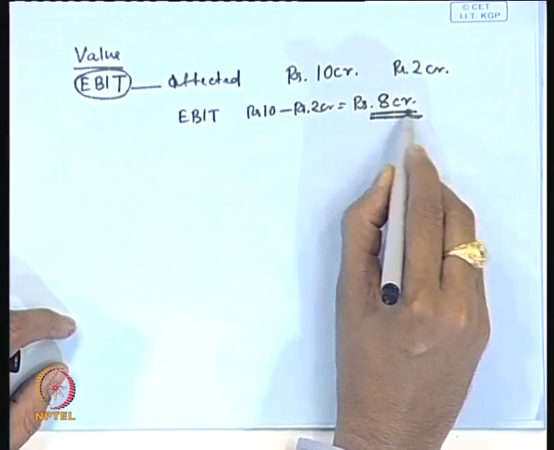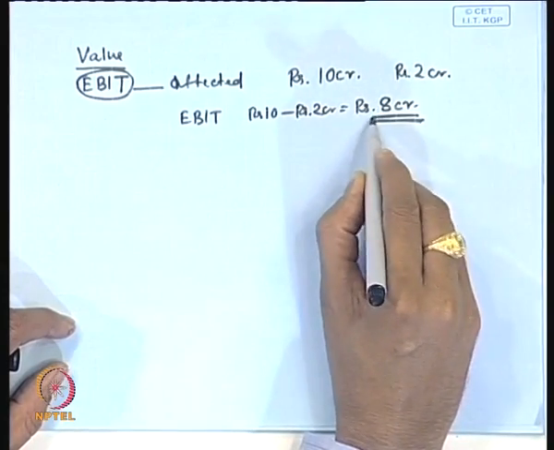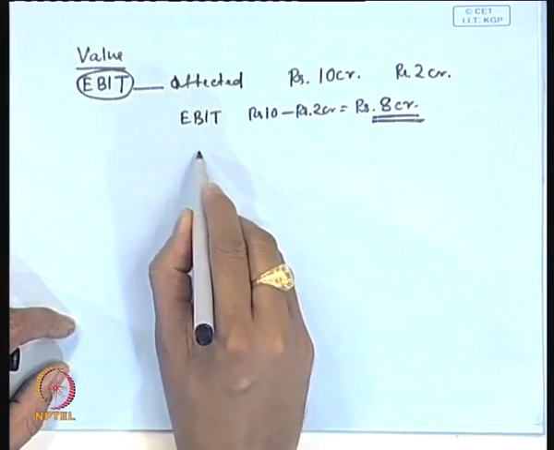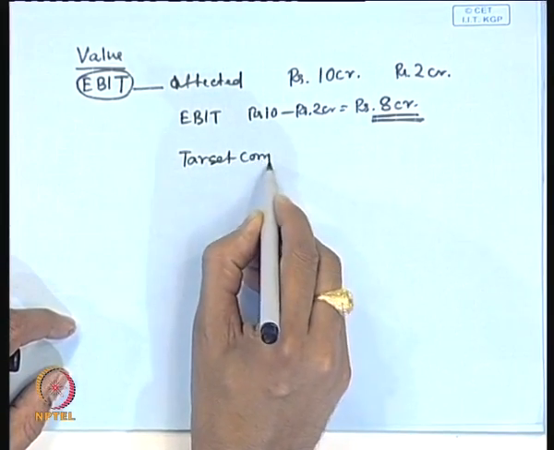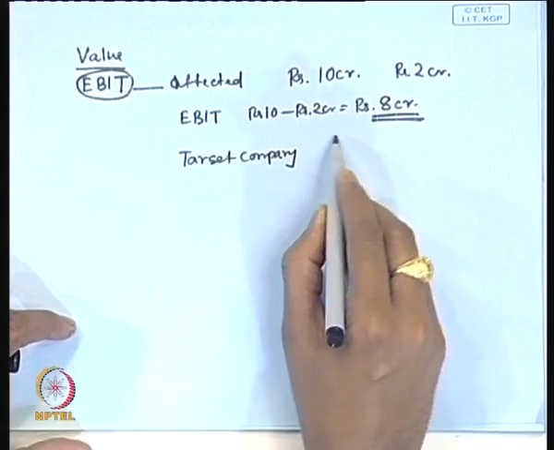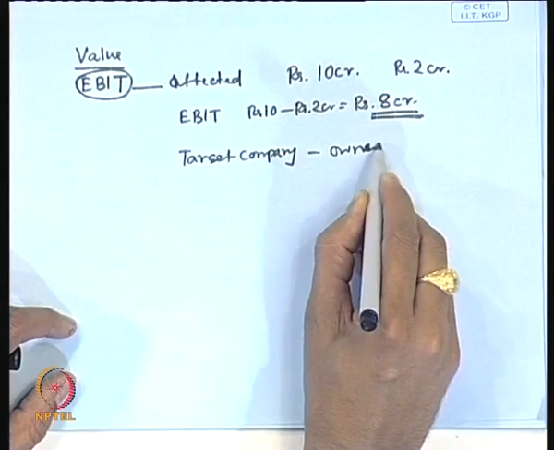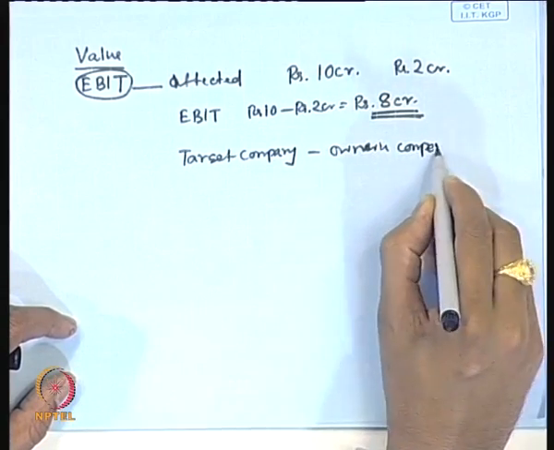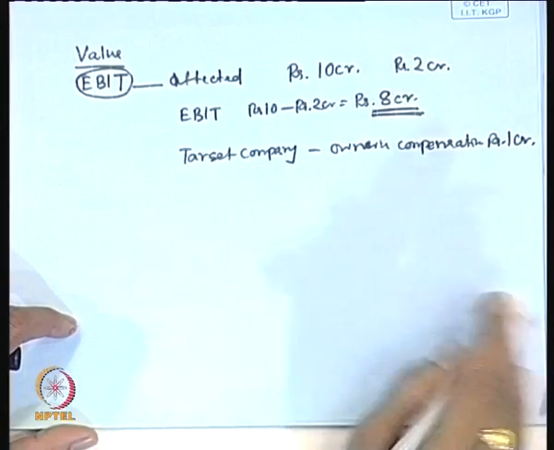For instance, in this case, even after adjusting for 2 crore of extraordinary item, we got a normal earnings before interest and tax of 8 crore. Let us assume this is the target company's earnings before interest and tax, and the target company has owner's compensation paid of rupees 1 crore during this year.